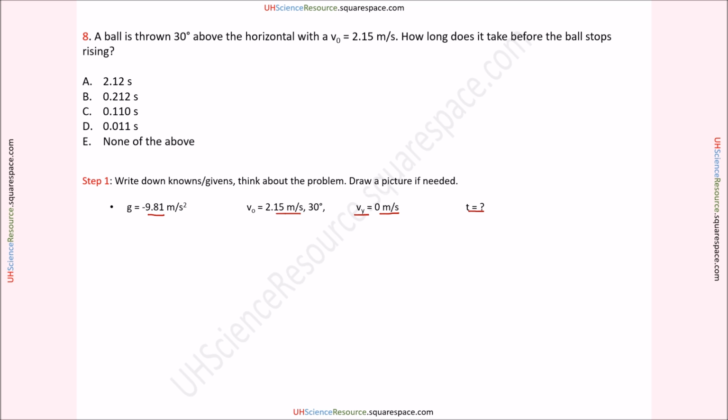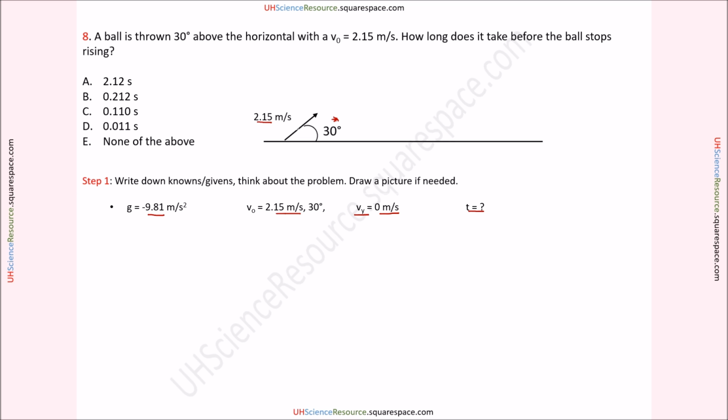So let's try to draw out a picture to better see what's going on. So imagine we have a ball and we're throwing it above the horizontal at an angle of 30 degrees, and its initial velocity is going to be 2.15 meters per second. And so the type of problem we have here is projectile motion.